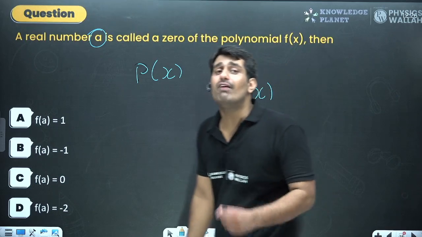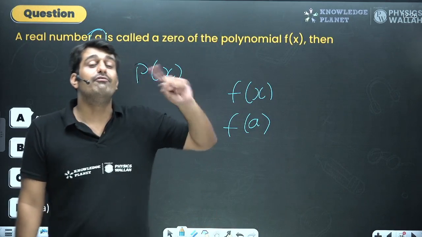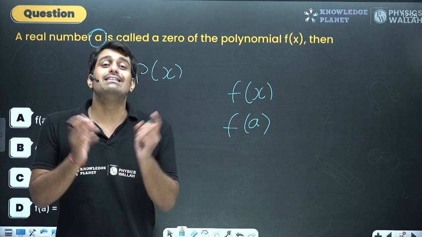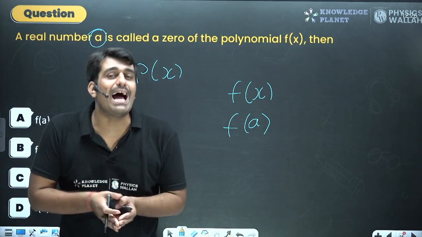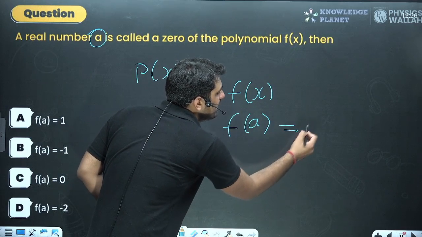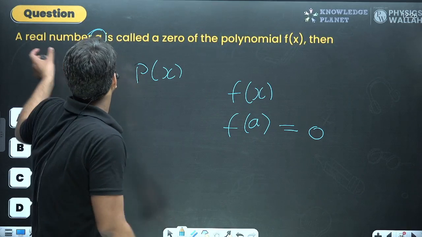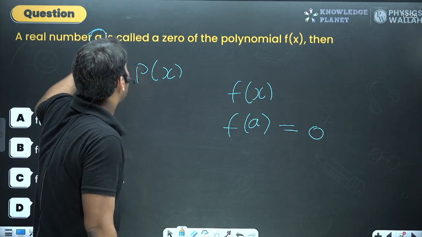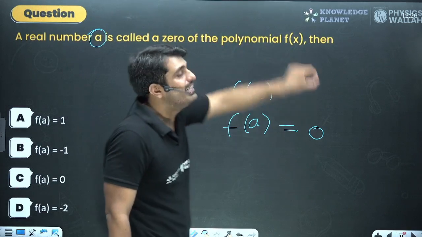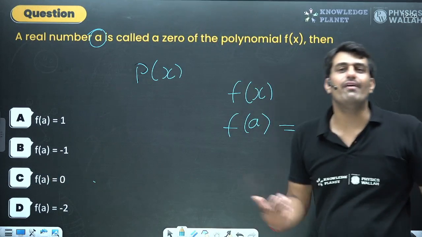In this case, what will be the value of the given polynomial? If you remember, I told you the value of the polynomial is 0. If the value becomes 0, in that case it will be the 0. So if I put the value of x as a, it will be giving me 0. So the real number a is called the 0 of the polynomial, then in that case f of a equals 0.